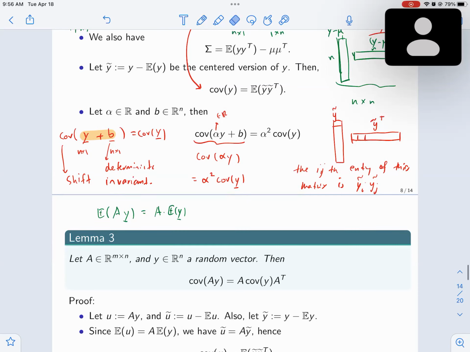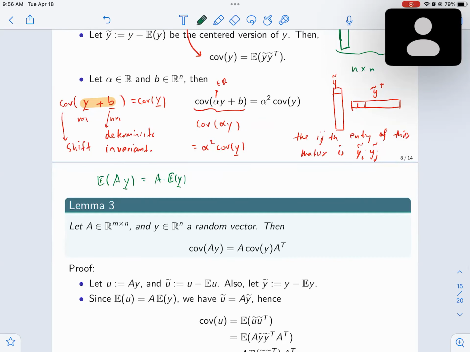And this lemma gives you how the covariance behaves. The covariance of Ay would be A times the covariance of y times A transpose. It's a little bit more complicated than expectations. The covariance operator, as a matrix, doesn't act linearly, like variance, which scales with a square.